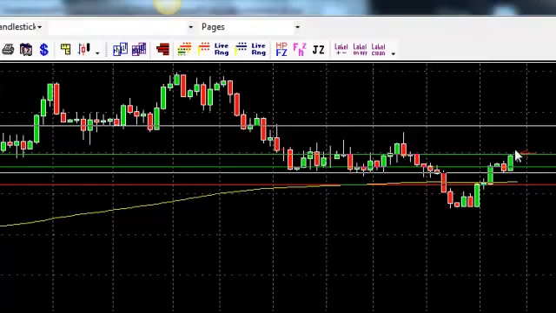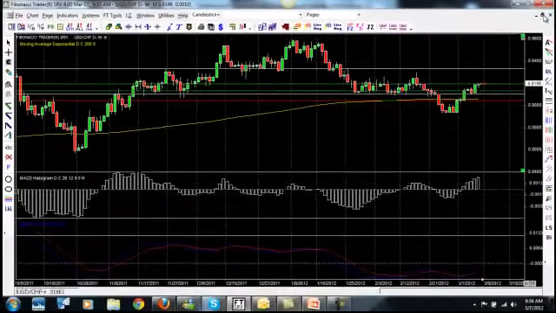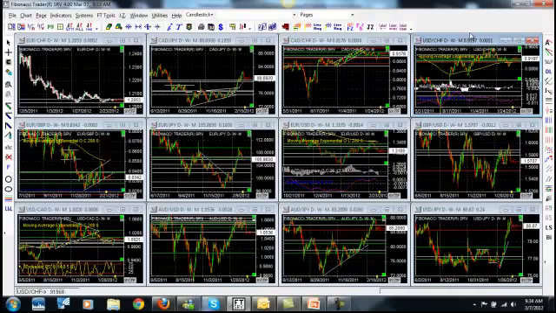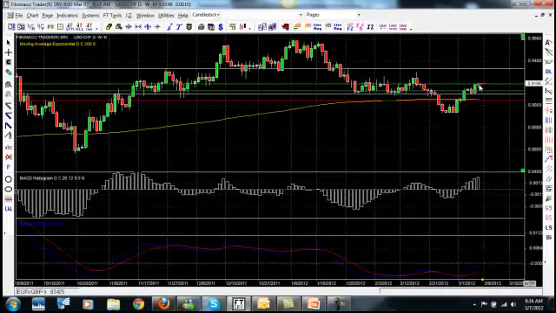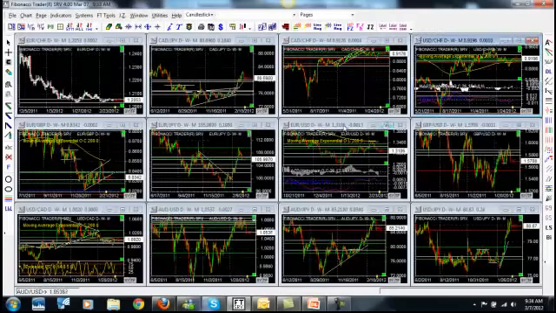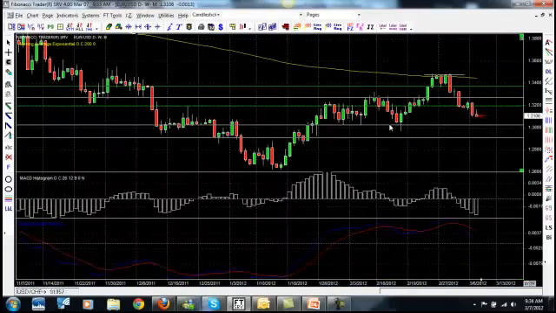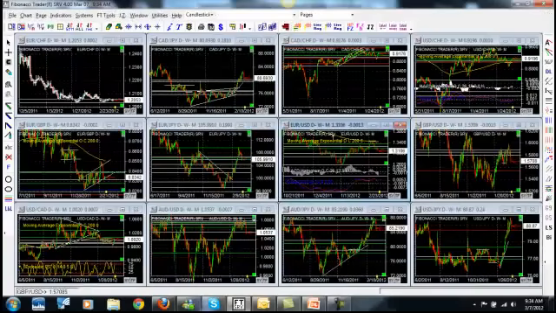It's almost the opposite of the euro. But don't trade both pairs at once. If you sell this currency pair and buy the other at the same time, yes, you could take 2 different potential winning opportunities, but also 2 potential losing opportunities. So I try not to trade both those pairs at the same time.